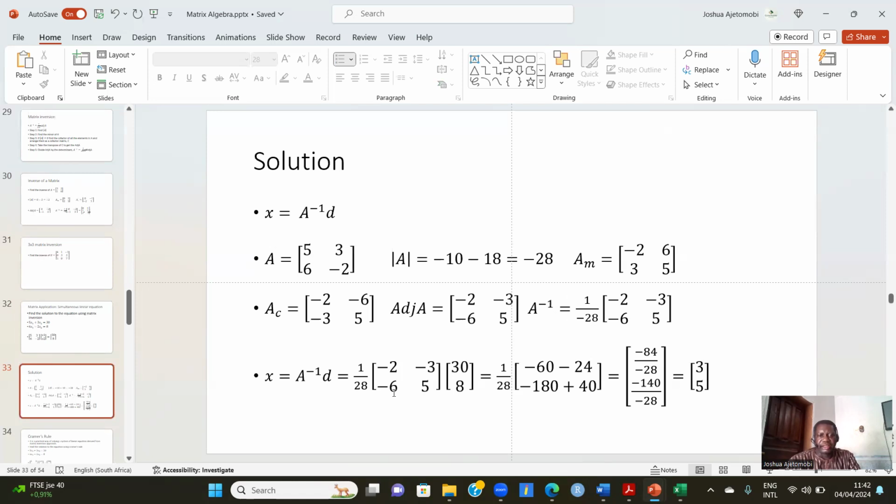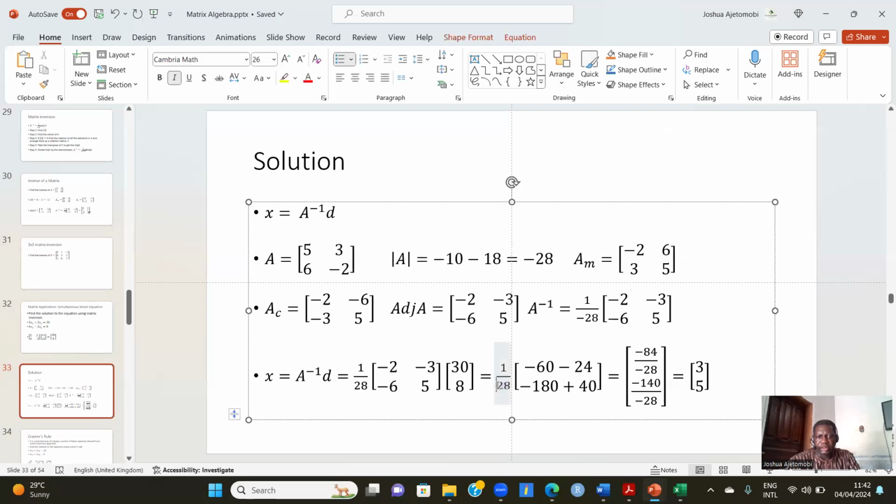So our x will now multiply this inverse by the product, which is 30, 8. Doing that will give us this, times minus 84, minus 140.